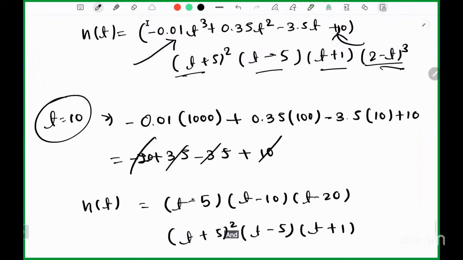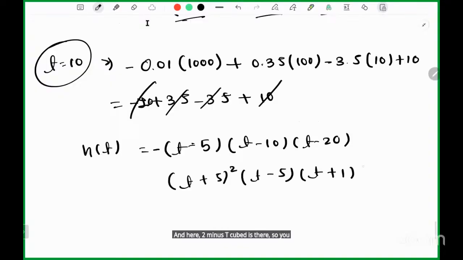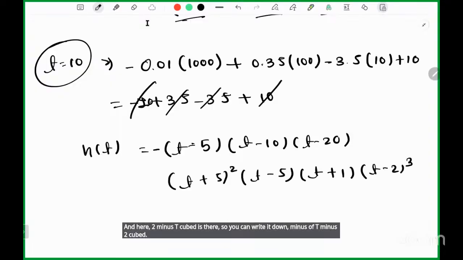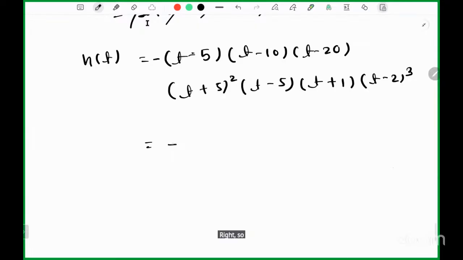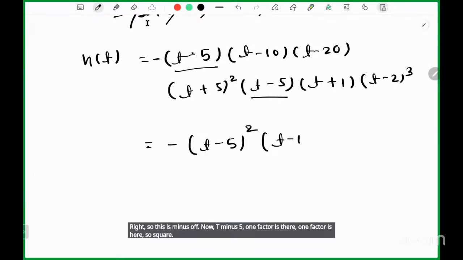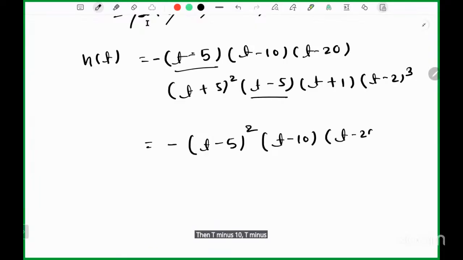And here 2 minus t cube is there, so you can write it as minus of t minus 2 cube. So this is minus of t minus 5 square, t minus 10, t minus 20, t plus 5 square, t plus 1, and t minus 2 cube.